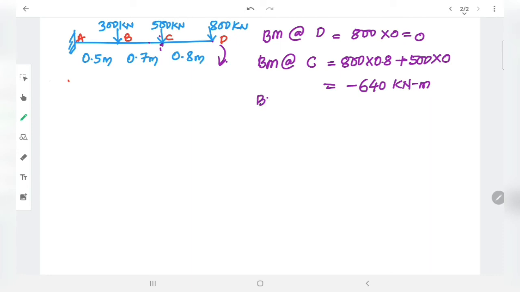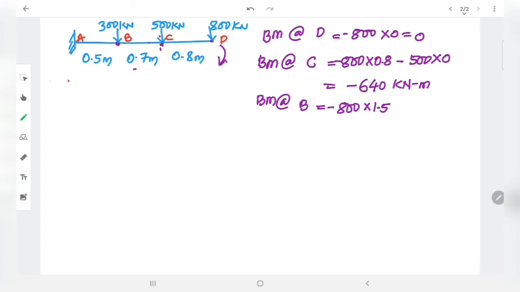Next, bending moment at B is equal to how much? 800 into how much? From here to here, what is the distance? 0.8 plus 0.7, this is 1.5. All are with the minus sign, as it is anti-clockwise direction, so I will be taking it as a minus sign.